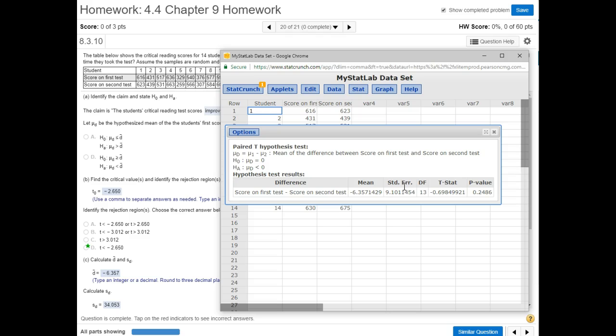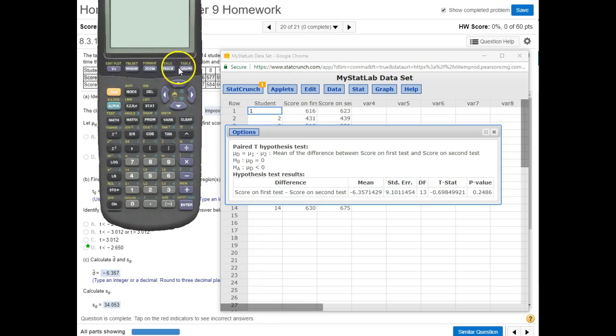So I'll just pull the virtual calculator really quick. Okay, so we would take the standard error, let's clear that out, 9.1011454, and we multiply that by the square root of n, so that's 14, times the square root of 14.